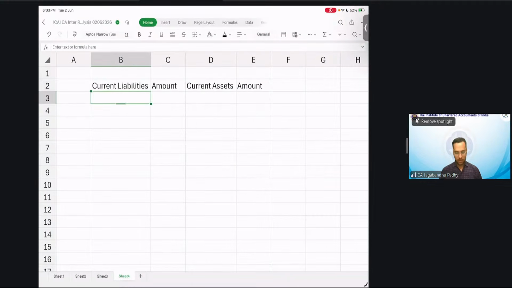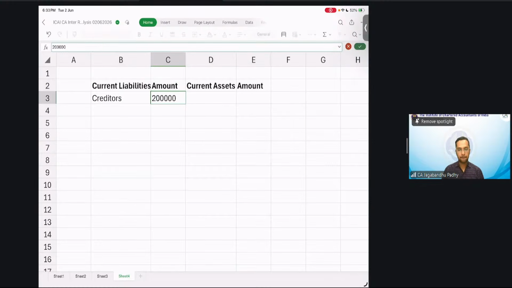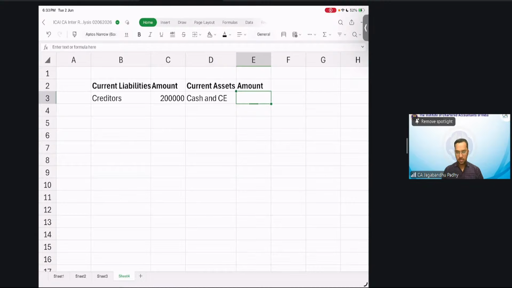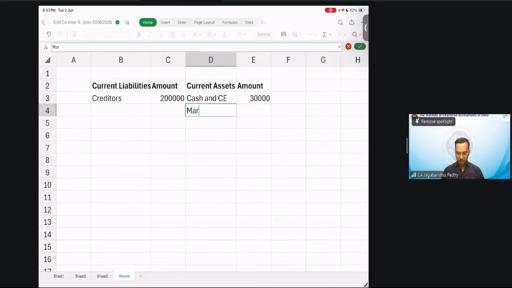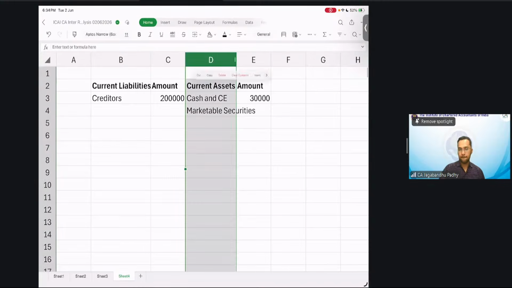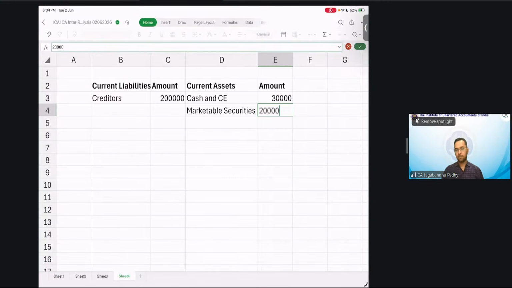So we have creditors to be paid off as 2 lakh, and we have cash on the asset side. Let's say we have cash and cash equivalents as 30,000. Then we have marketable securities, 20,000.